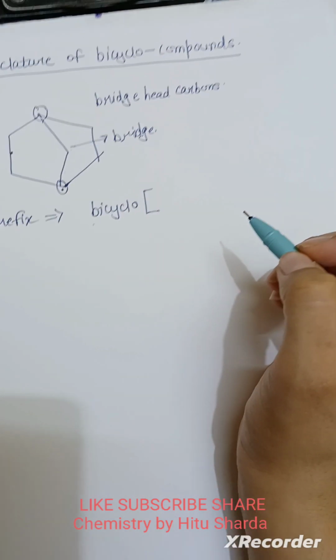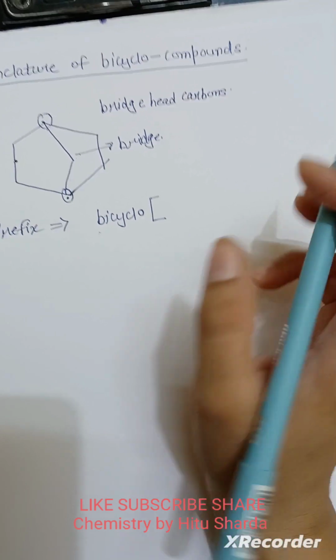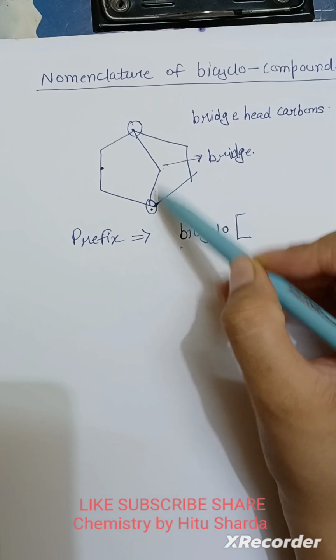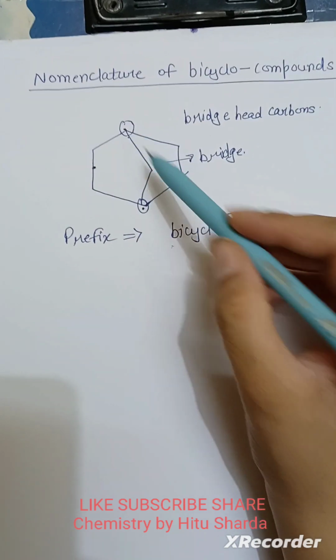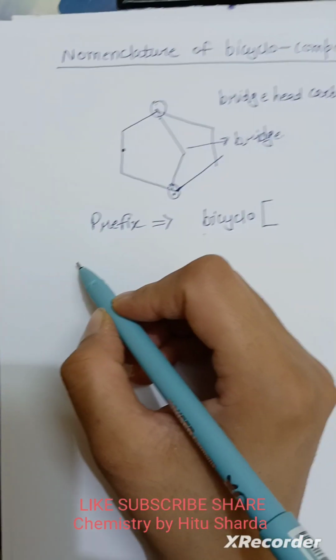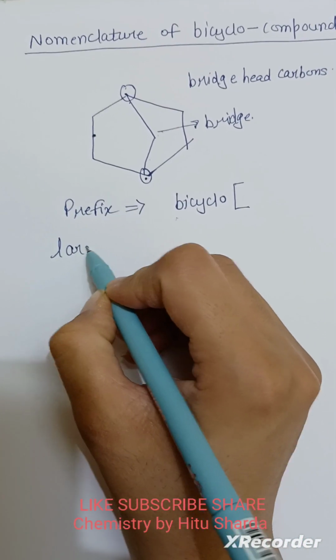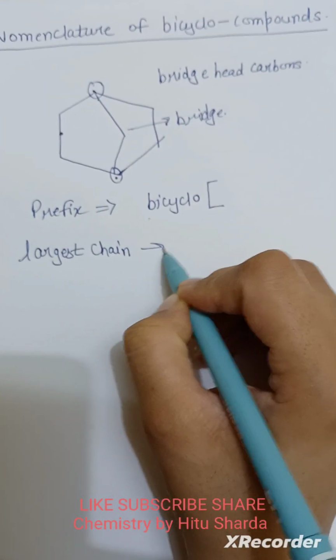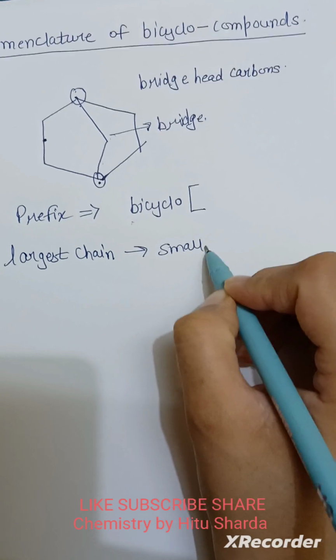Now we have to count the carbons excluding these two bridgehead carbons. The basic rule is that we have to move from the largest chain towards the smallest chain.